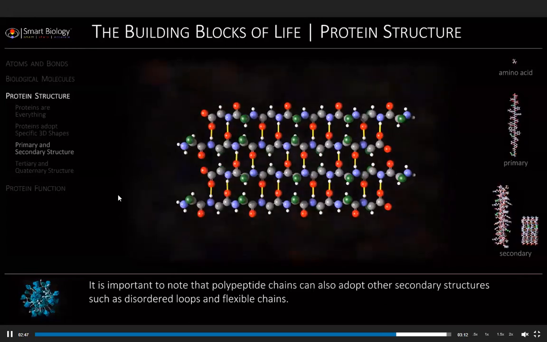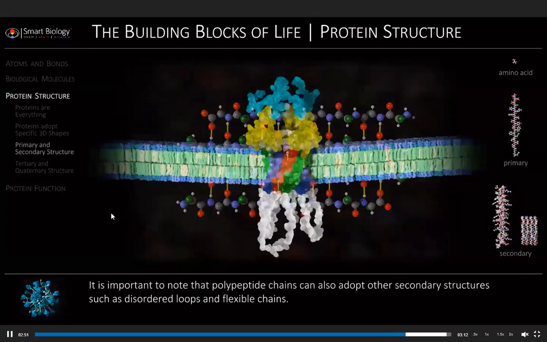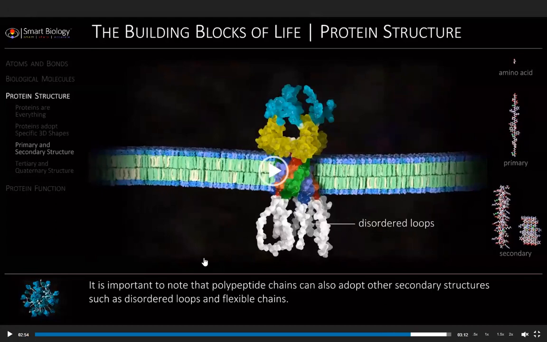Okay, so polypeptide chains can also adopt other secondary structures, such as disordered loops and flexible chains. So here we have some disordered loops. Here you can see the helical shape, the alpha helix, but this is a disordered loop. And in the slide that I showed you from the PowerPoint, you also saw that there were some beta sheets, some alpha helices, and then some loops.